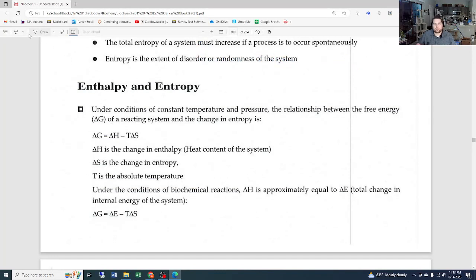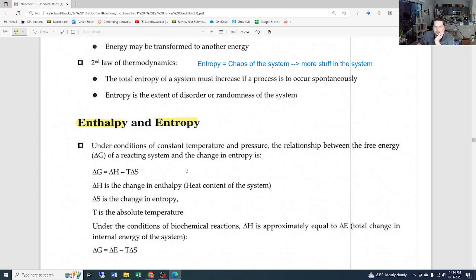Now, this is where words kind of sound the same. Enthalpy and entropy. Okay? Under conditions of constant temperature and pressure, the relationship between the free energy of a reacting system and the change in entropy is delta G equals delta H minus T delta S. I'm going to retract and say something different, I guess.